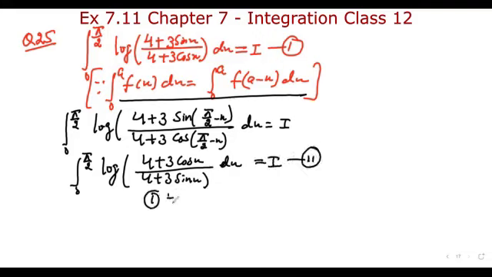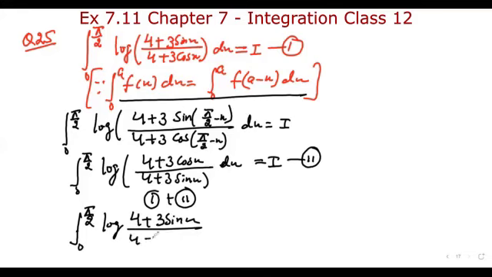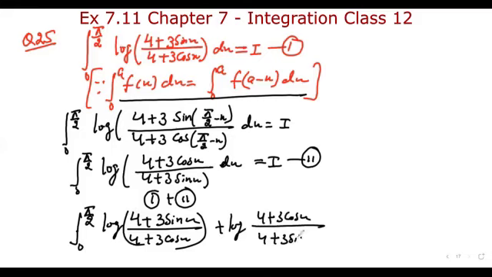This is equation number 2. Adding first and second, because here it is 0 to pi by 2, log a plus log b. This is log of 4 plus 3 sin x upon 4 plus 3 cos x, plus log of 4 plus 3 cos x upon 4 plus 3 sin x. I added both the equations like this and it is equal to 2I.